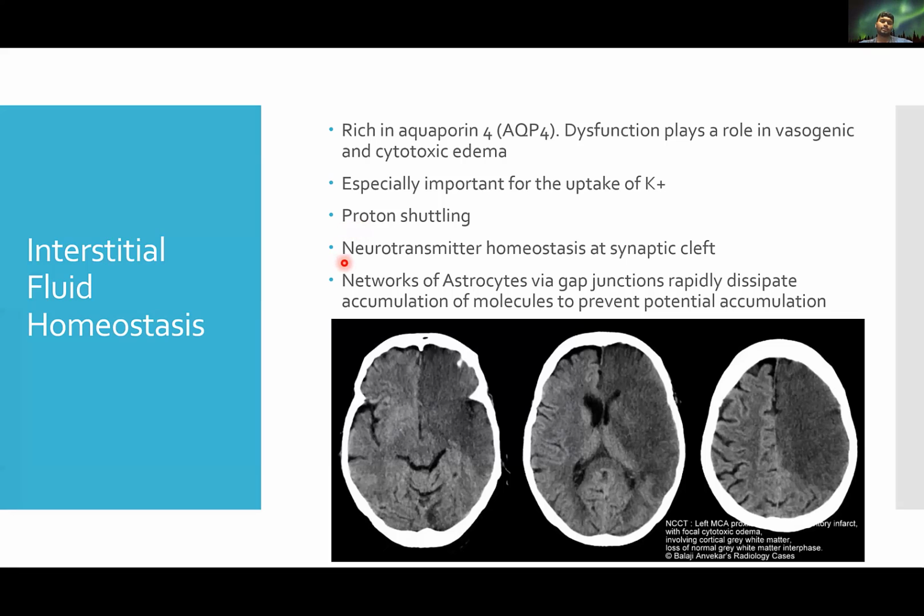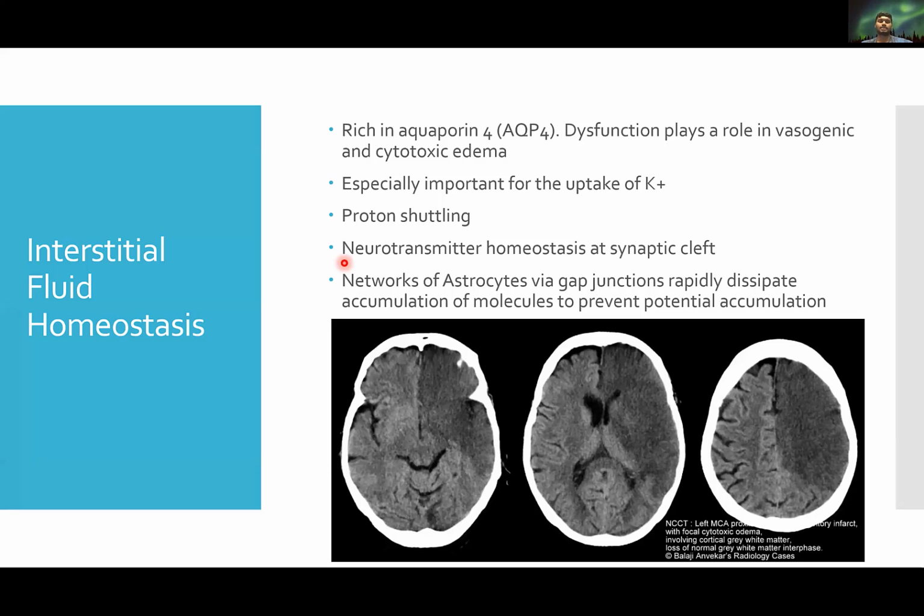And another thing that it does, we talked about the protoplasmic astrocytes having processes at the synapses. So especially in the case of glutamate, what the astrocyte is important for is taking up the excess glutamate so that it doesn't overly excite the neuron, right?